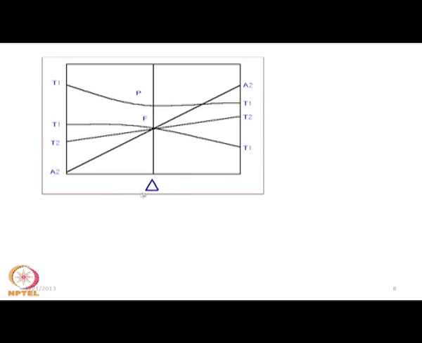So we have this delta value. This F term is split into A2, T2 and T1 on the left, and the reverse, T1, T2 and A2, on the right.